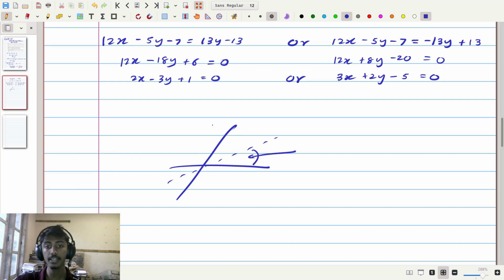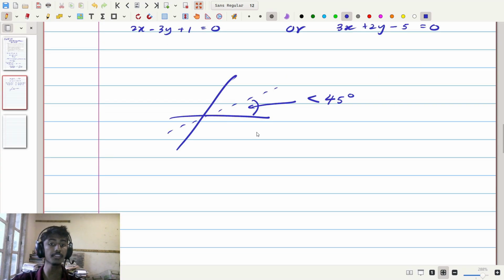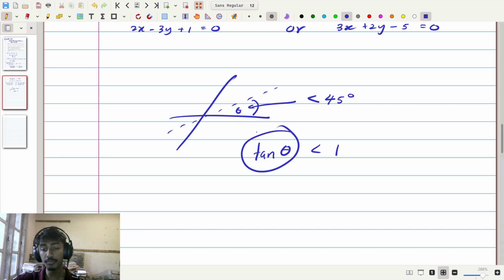So this angle here is less than 45 degrees. Now what we know about an angle like this is that you take its tangent. Let's say this angle is theta. Tangent of theta is definitely going to be less than tangent of 45, which is 1. So the tangent of theta must be less than 1 for the angle that is in between the line L and either one of these two lines.